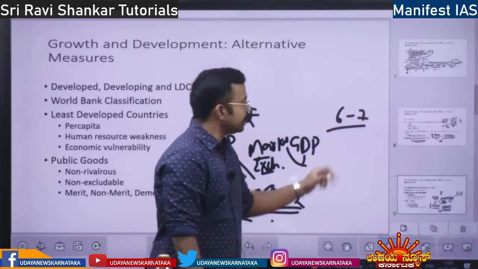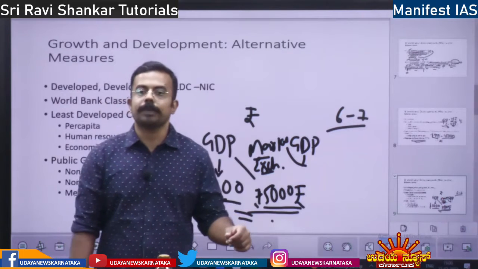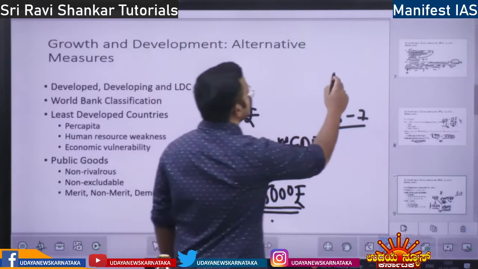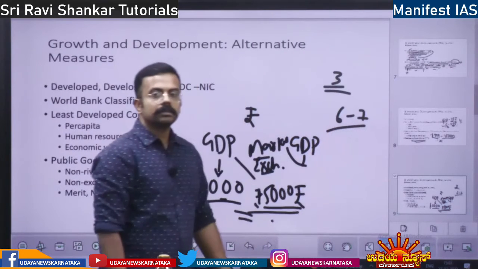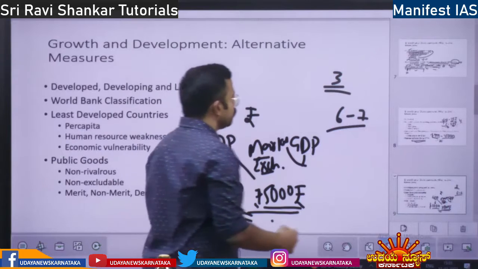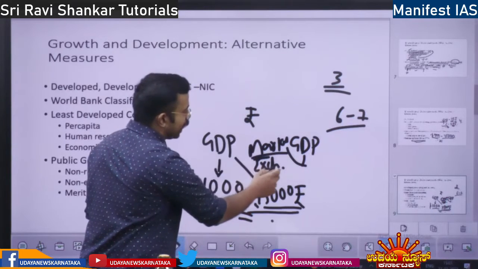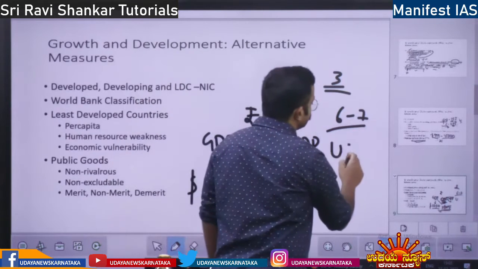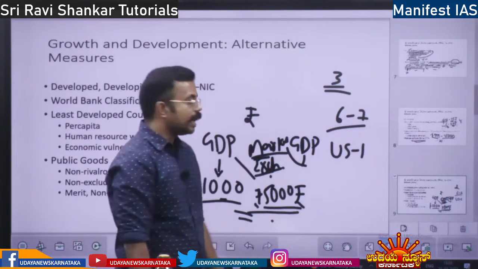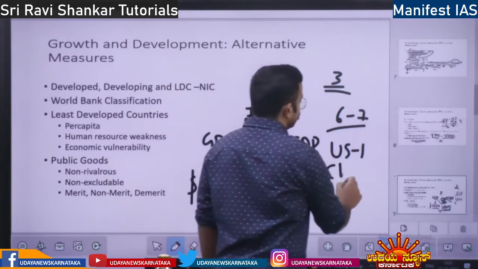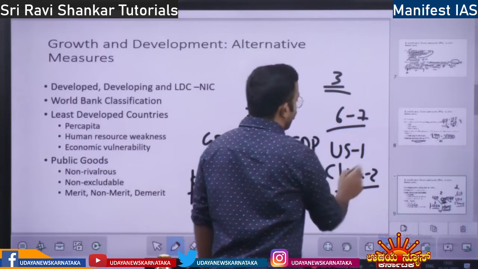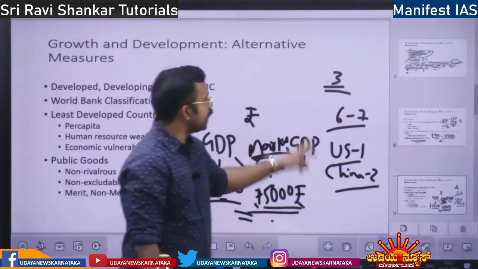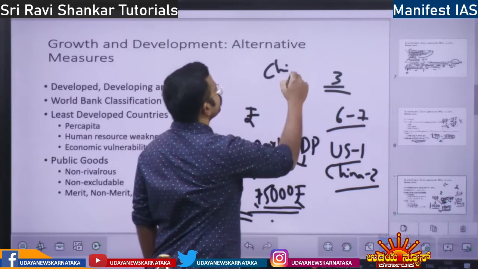But when we calculate the GDP in PPP terms, purchasing power parity, India's position is 3rd. At market exchange rate, USA is the world's biggest economy and China is the 2nd economy. But if we calculate the GDP in terms of PPP, China is the world's 1st economy.